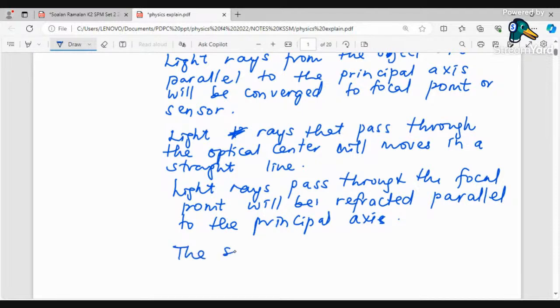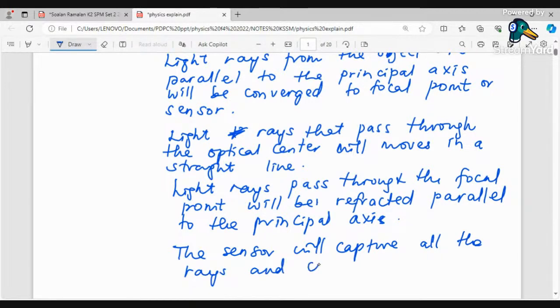The sensor will capture all the light rays and create the image of the object on the screen.